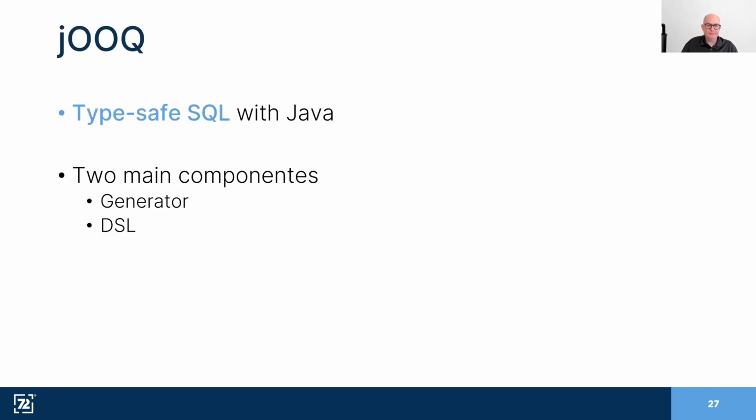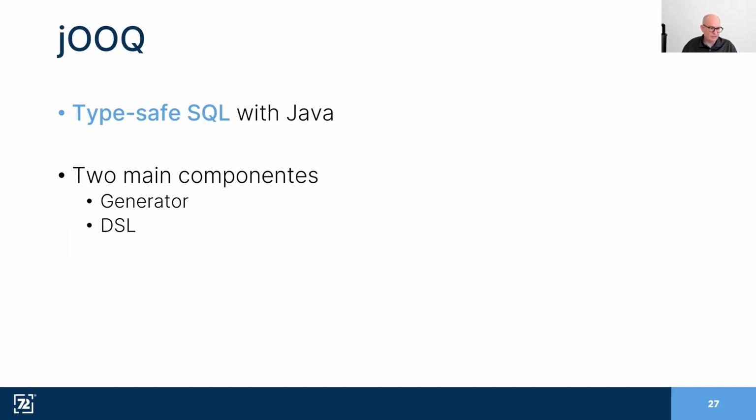For sure, you can use Spring Data JDBC, for example, but then you will end up with strings, and even if you have multi-line strings with the latest Java versions, it may not be very handy. And jOOQ is a library that provides type-safe SQL with Java.